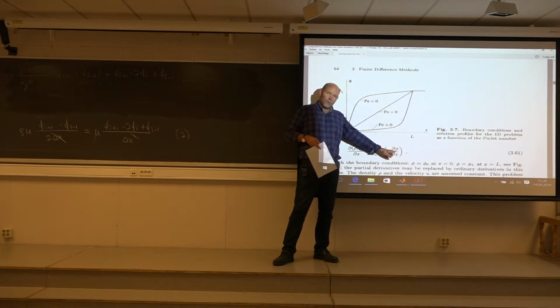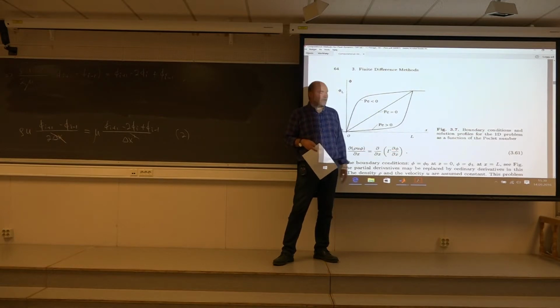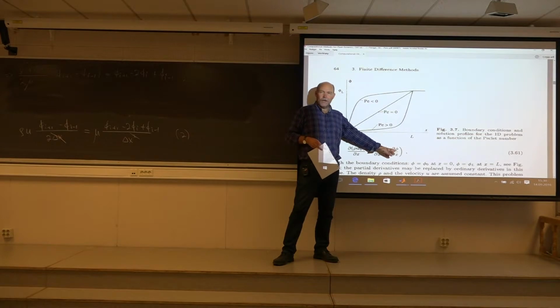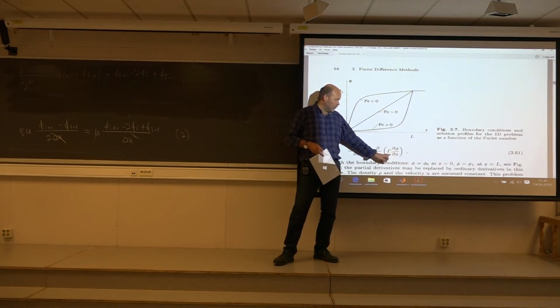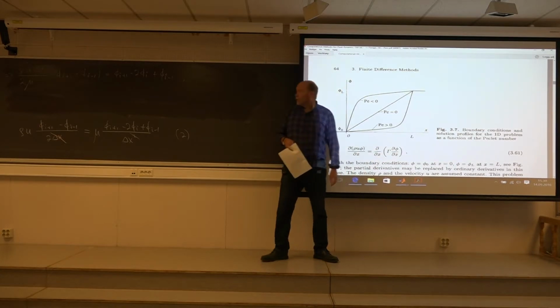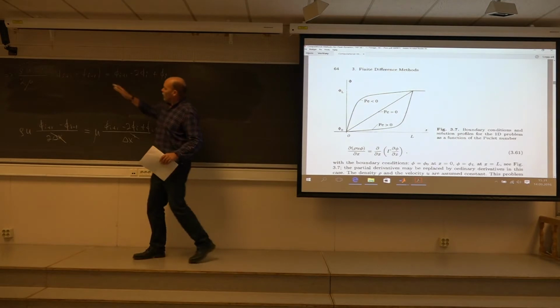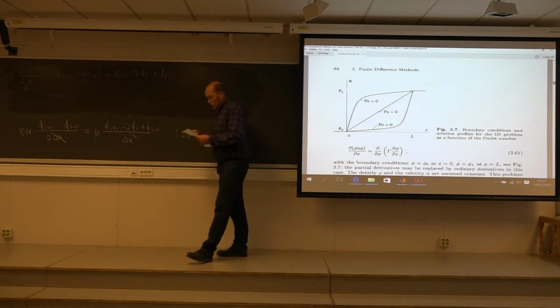It doesn't have to be a velocity component. It could be temperature, it could be density, it could be a concentration, it could be anything. But now if we say the unknown is a velocity, then of course this is the viscosity. Hence I will call this one a Reynolds number.